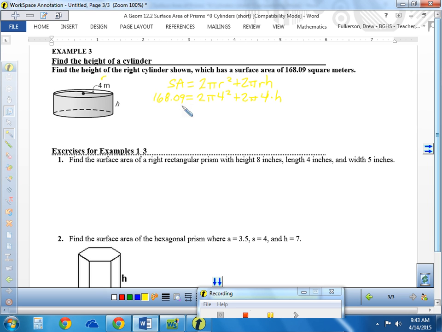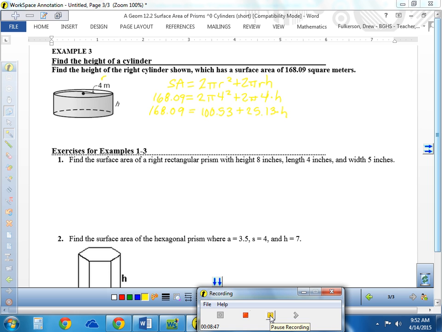So we just need to solve this problem now. So 2 pi 4 squared, that's just 100.53. Now I'm going to simplify this 2 pi 4. So we get 2 pi 4 to be 25.13. And we've got to bring down our h. From there it's just algebra.